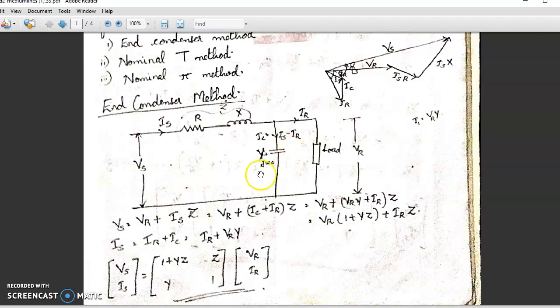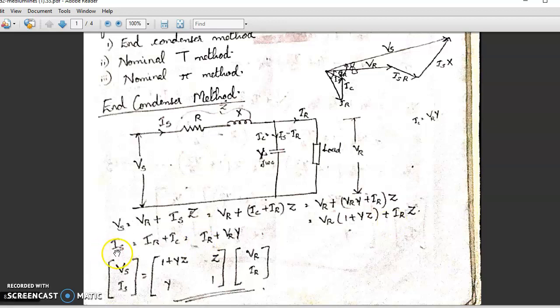That is why I have written Ic equal to Vr into Y. So (Ic plus Ir) into Z becomes Vr Y plus Ir into Z. That is equal to Vr into (1 plus YZ) plus Ir into Z. So we have got Vs in terms of Vr and Ir.